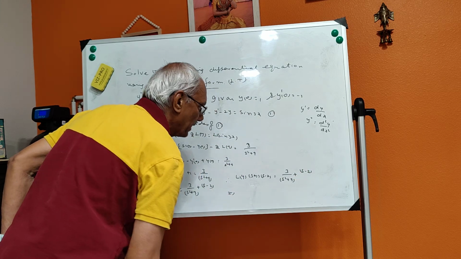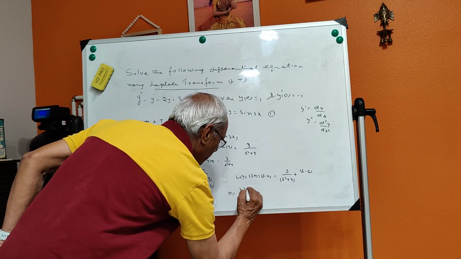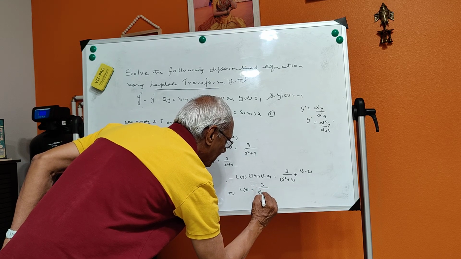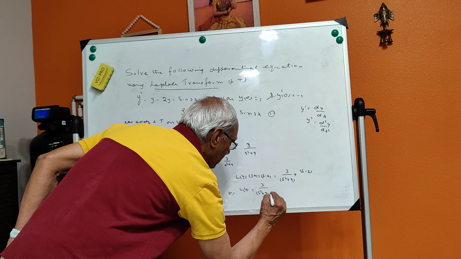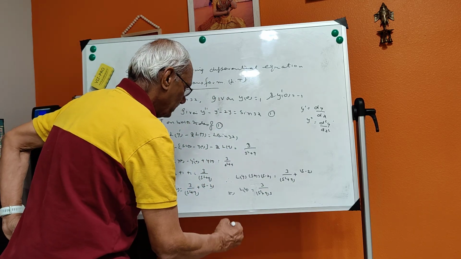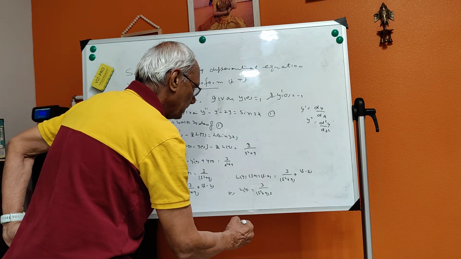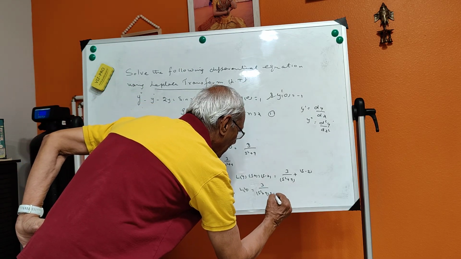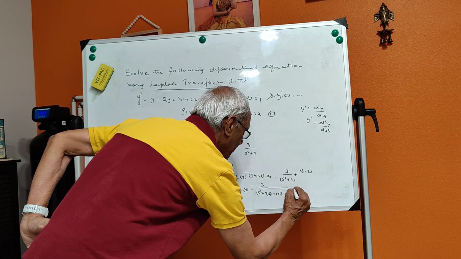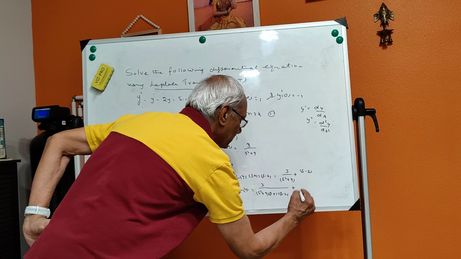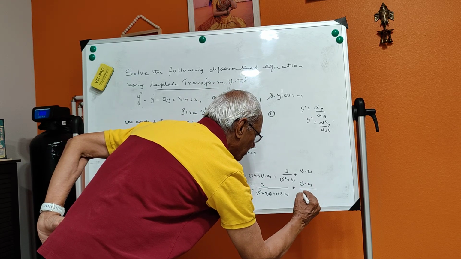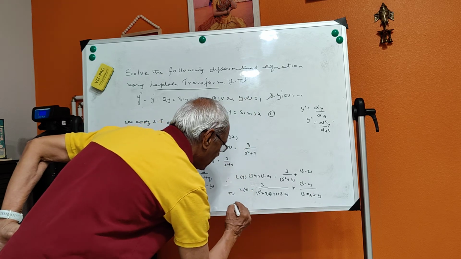This simply implies L of y is equal to 3 divided by s square plus 9 into s plus 1 into s minus 2, plus s minus 2 divided by s plus 1 into s minus 2.